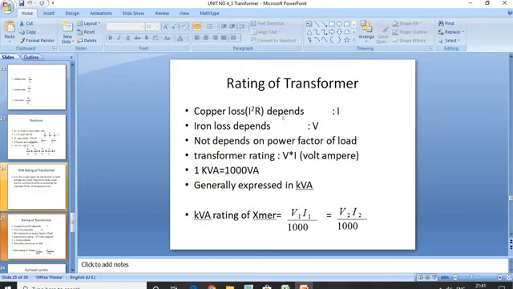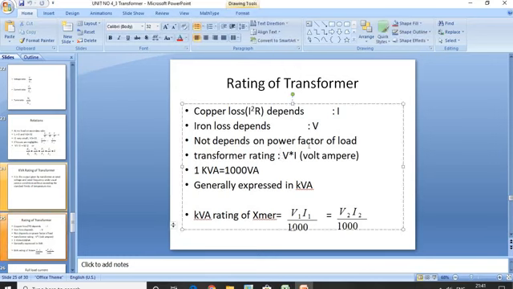Now the copper losses depend upon the current, and iron losses depend upon voltage, and they do not depend on the power factor of the load. That means whatever temperature rise, that depends upon the losses, and those losses depend upon voltage and current. Hence the rating of the transformer is in kVA, volt ampere.